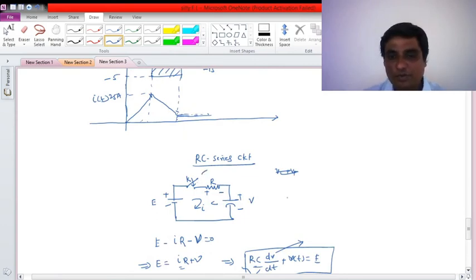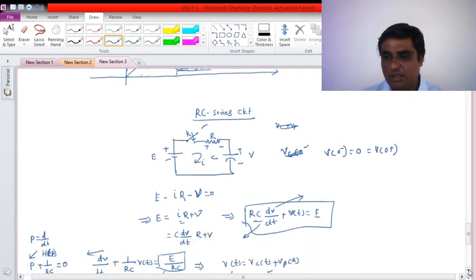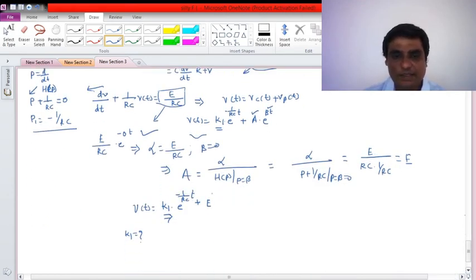So initially V of 0 negative, before closing the switch, is 0, and we know the law of continuity that capacitor voltage cannot jump suddenly at the switching instant, so it will be the same as V of 0 positive.